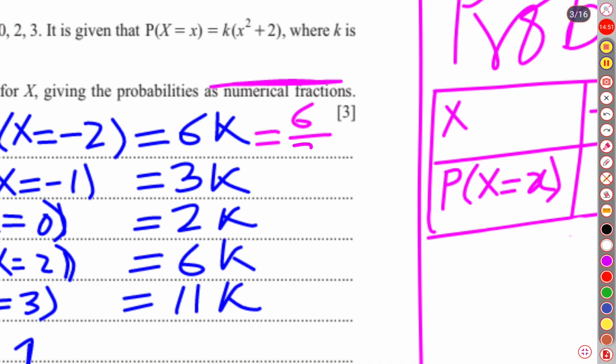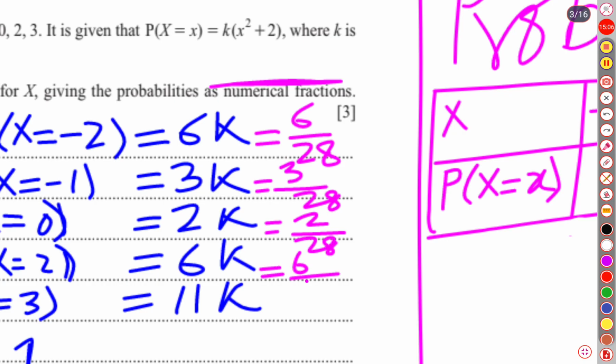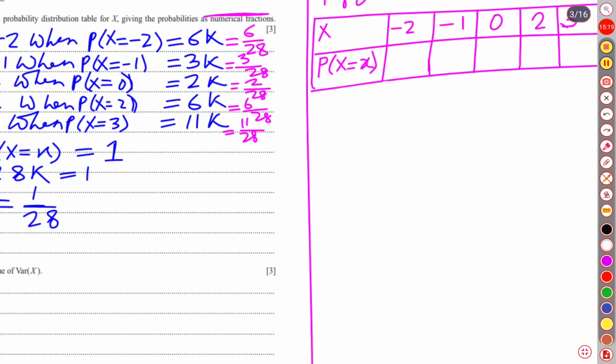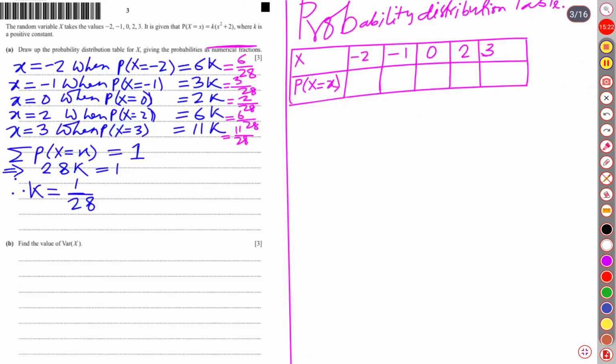Next one is 3 over 28. After that, 2 over 28. Then again 6 over 28. And last of all, it is 11 over 28, because k is 1 over 28. We have already obtained k as 1 over 28. Now we will insert the values.